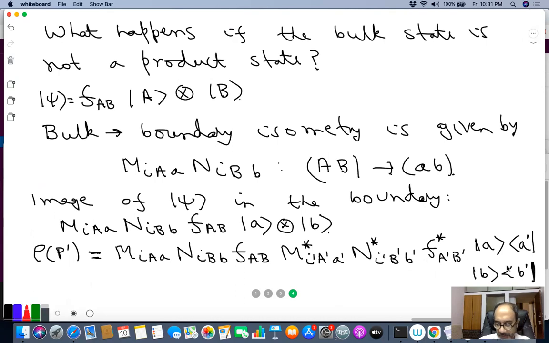So this B prime will come on this side, and once it comes on this side, it produces delta B prime. Is this clear?